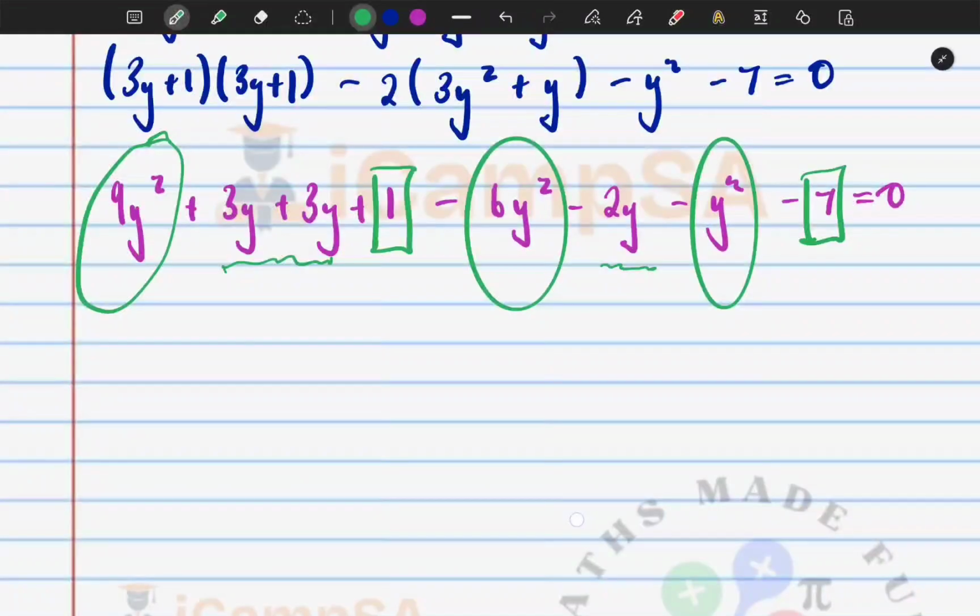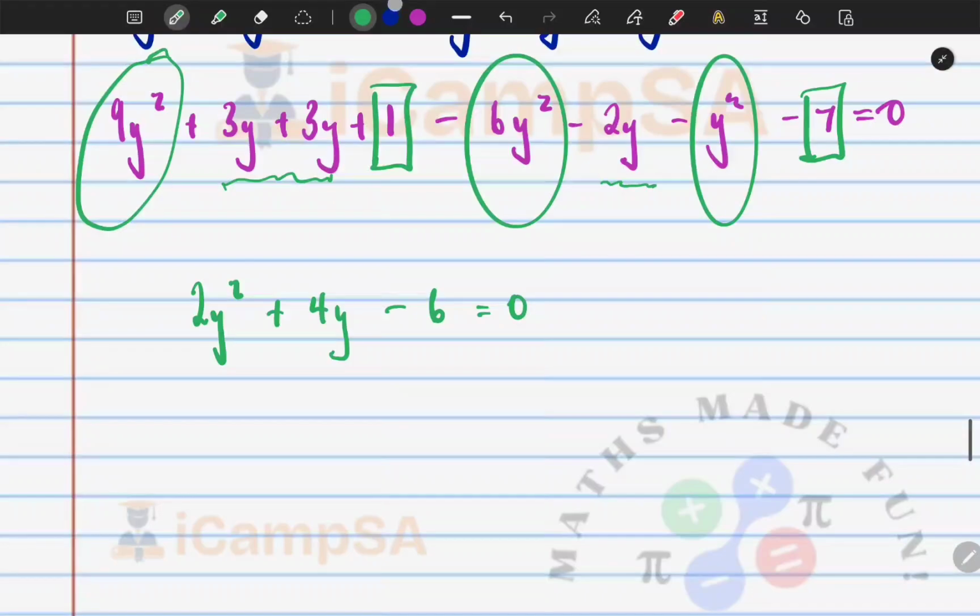So I am going to have 2y squared, right? And then I'm going to have 3y plus 3y, 6y, minus 2y, it's going to be 4. So it's going to be 4y. So 1 minus 7, it's going to be minus 6, equals to 0.